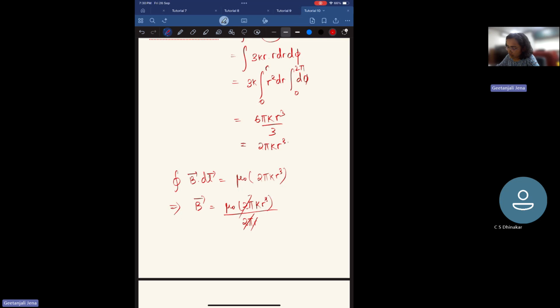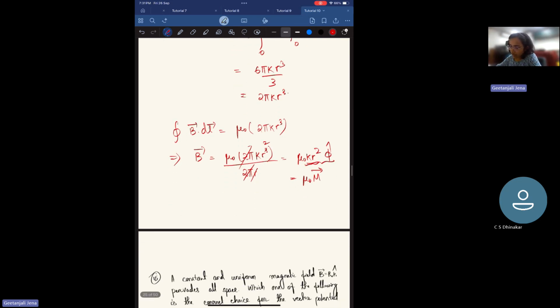This will cancel, so B is μ₀ k r² φ-hat. And k r² is nothing but the magnetization, so B is μ₀ M for the inside.